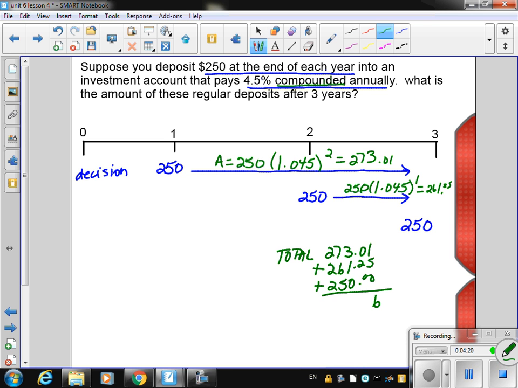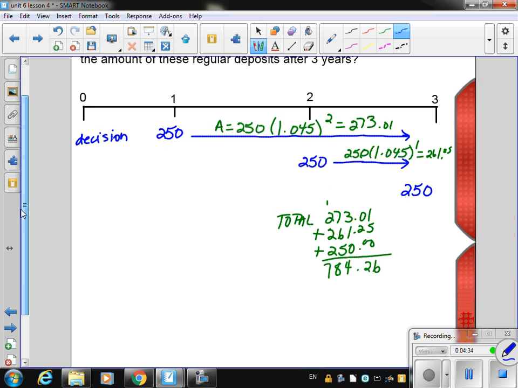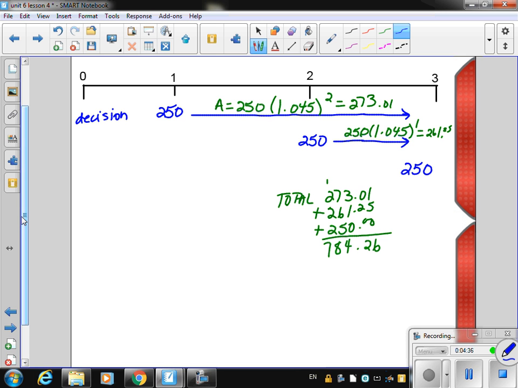We should have $784.26. There is a formula for putting all the bits and pieces together in one step instead of adding. For 3 deposits, this isn't so bad.